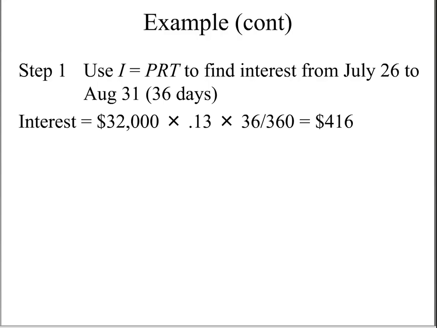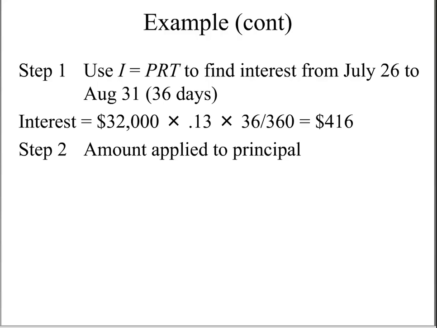We multiply that by 0.13, and then by 36 out of 360 days. When I calculated this, I got $416. You have to be careful when you enter numbers in the calculator. Multiply everything first, then hit equals, and then divide by 360. Okay?